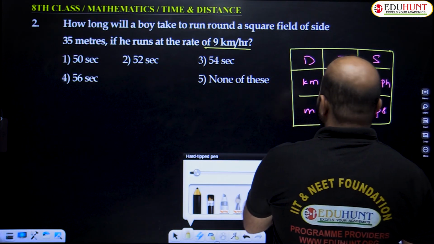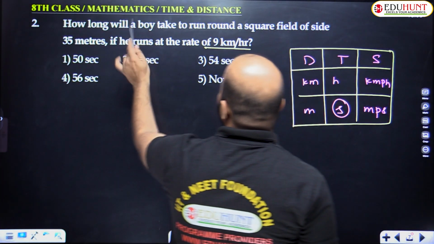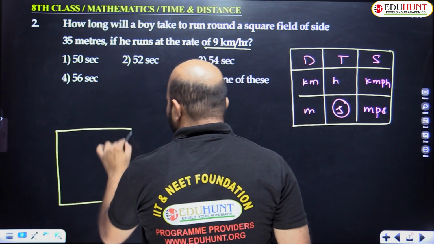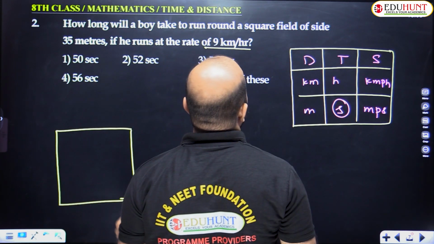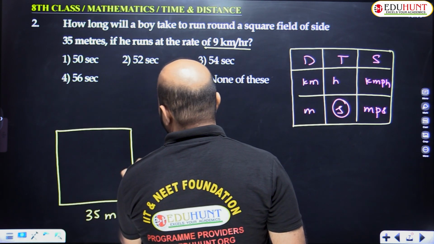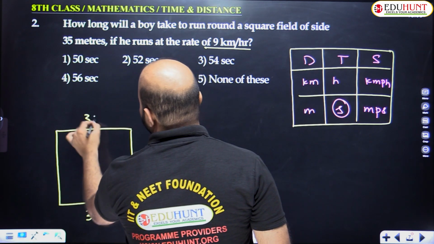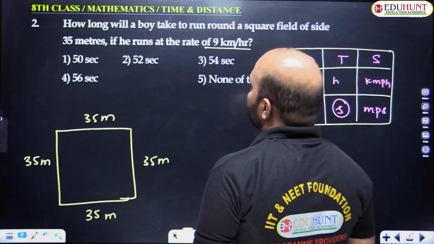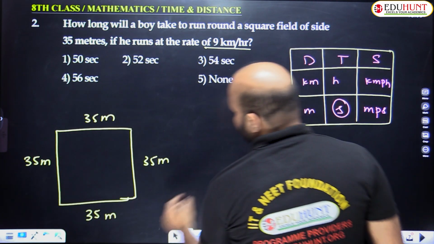In this question, what am I asking? How long, nothing but time. A boy runs around a square field. Each side is 35 meters, and all sides are equal. He runs at 9 km per hour, so the speed is already given.